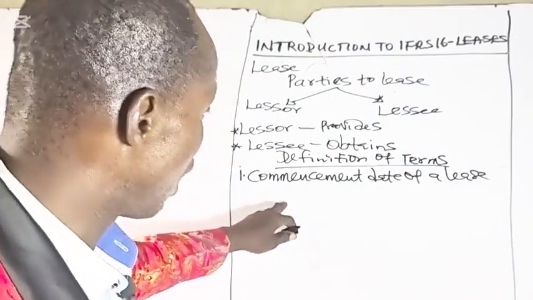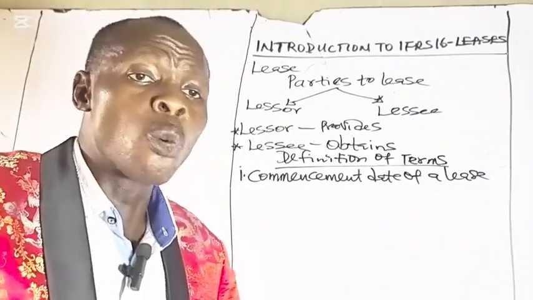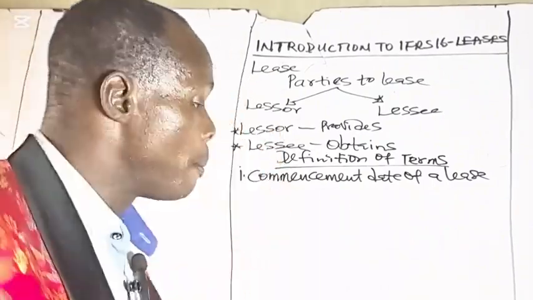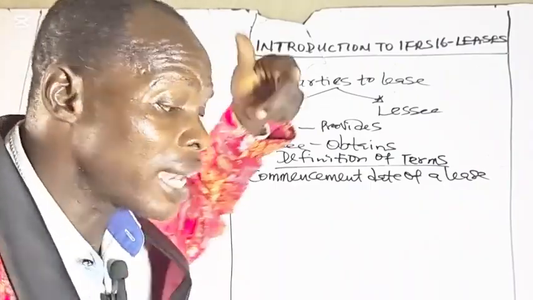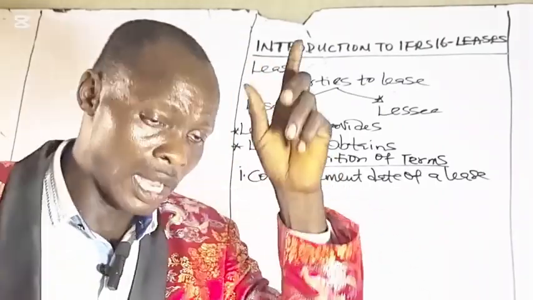The commencement date of a lease is the date on which a lessor makes an underlying asset available for use by a lessee.